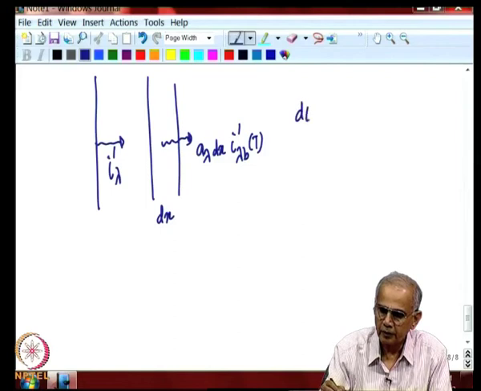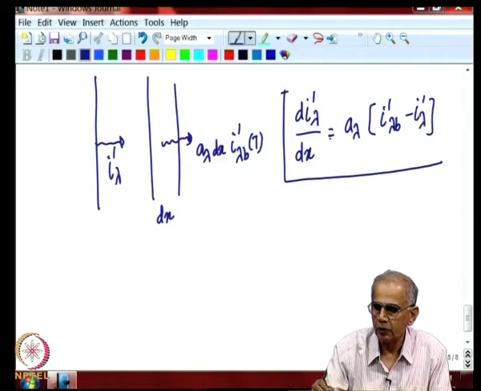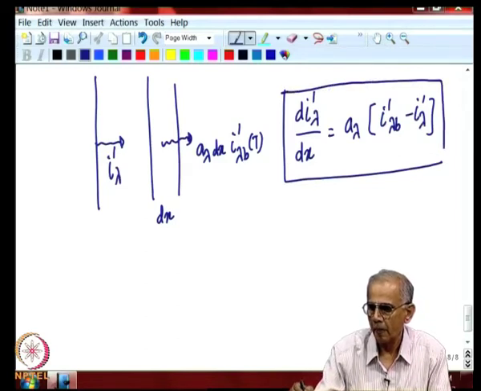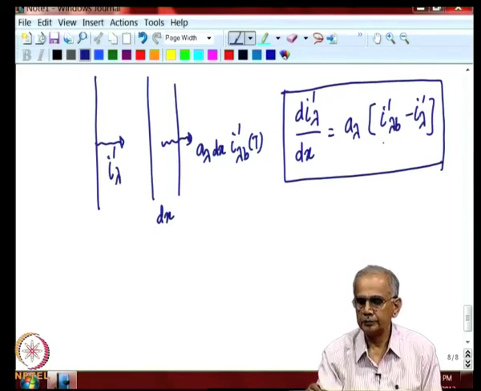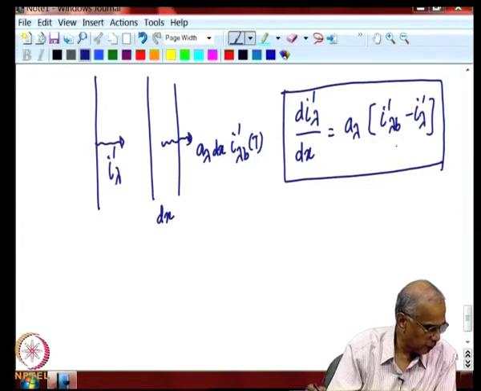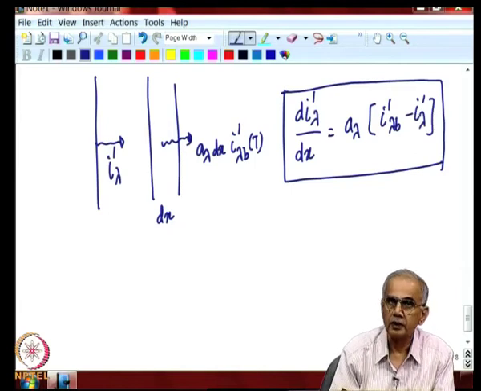So, let me again write this as an ODE. This ODE is somewhat more complicated than the one we looked at earlier. We have now a non-homogeneous term. This is not a function of this. This is an independent parameter which can be determined once the temperature of the gas is known. So, this kind of problem you must have solved in your first course in differential equations.